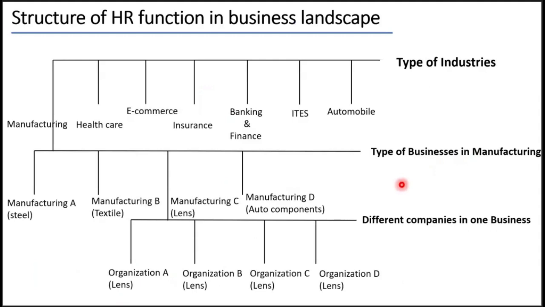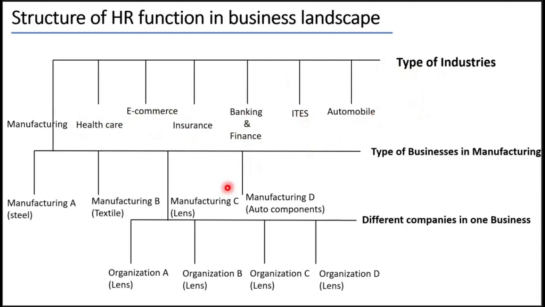Last and important topic of this video is structure of HR function in business landscape. As discussed before, similar set of businesses we call an industry. If you look at different types of industries, here we have manufacturing, healthcare, e-commerce, insurance, banking and finance, ITS, information technology enabled services, and automobile.